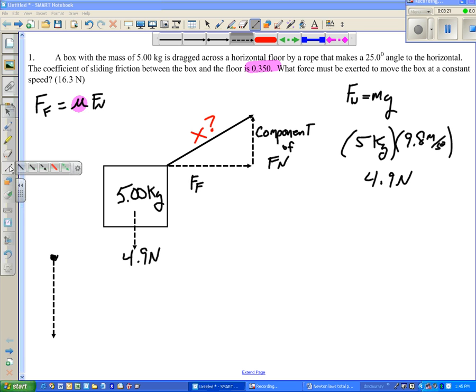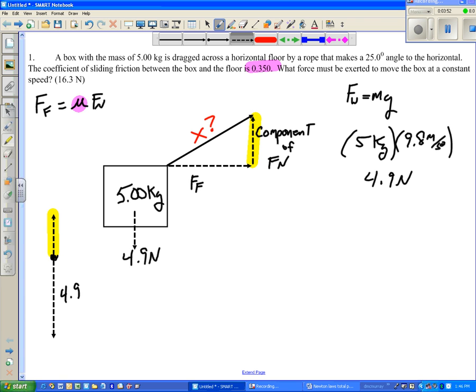And so one of these two is my 4.9. Then I have another one going in the opposite direction, which is affiliated with the component of Fn. And so this component of Fn, which is here, needs to be taken away from the 4.9, which is the weight. We take it away because it's going in the opposite direction.